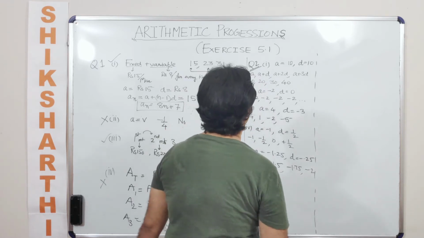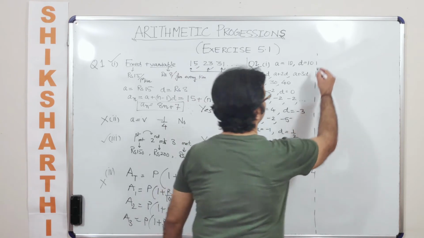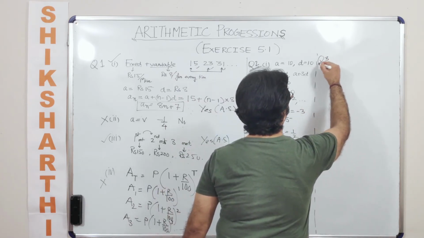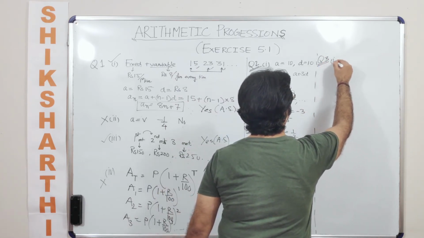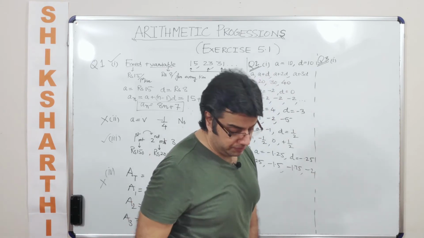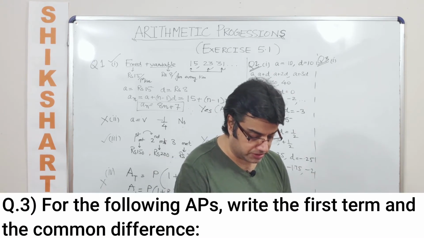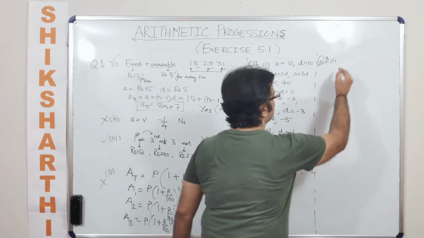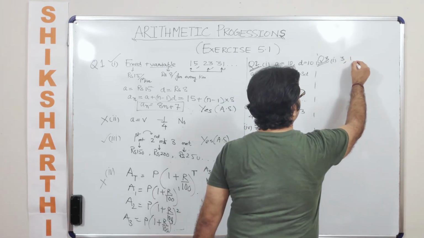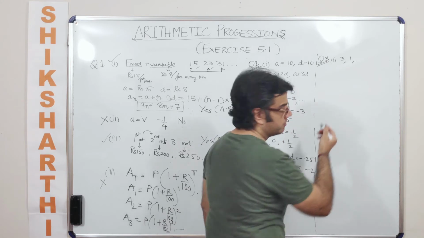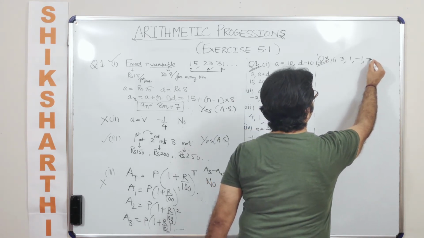Okay, talking about question number 3. First subpart. So question number 3, first subpart, it says for the following arithmetic progressions, write down the first term and the common difference. So 3, 1, -1 and -3.